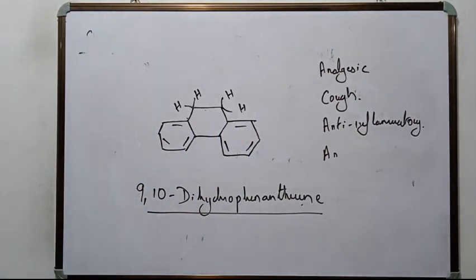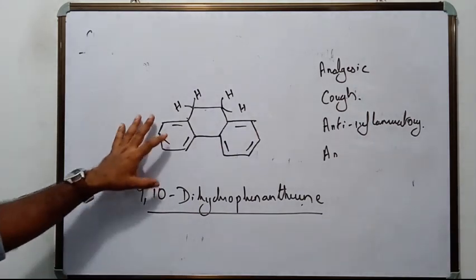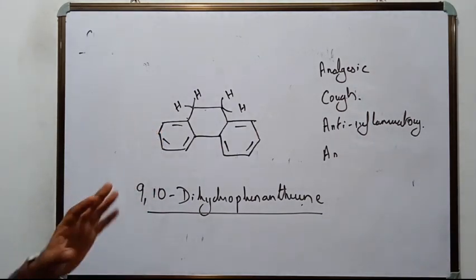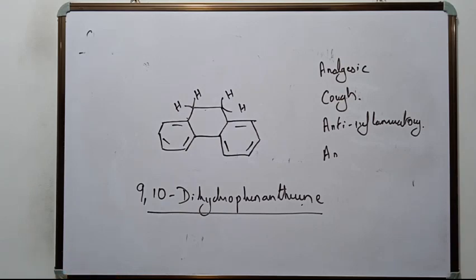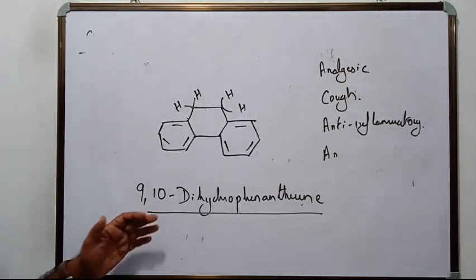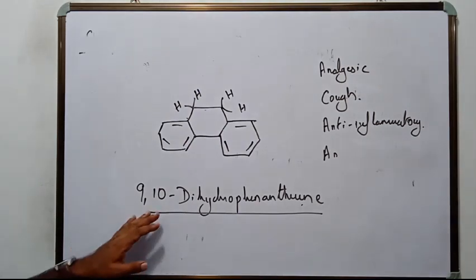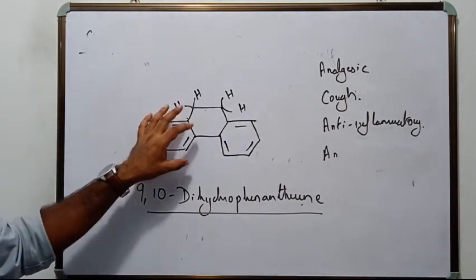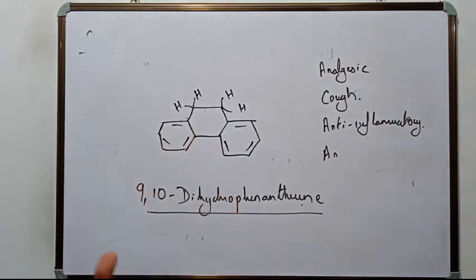But there are no drugs that actually have 9,10-dihydrophenanthrene. Now there is an issue. The effectivity is less. It shows this activity, but the intensity of activity is actually less. This is because we are having some stereochemical issues. When we are taking it inside our body, this molecule is not effectively binding with the receptor.